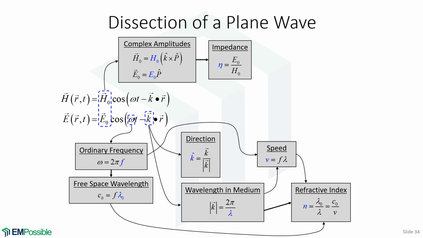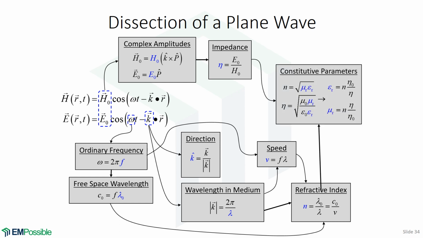So the ratio of those two complex amplitudes, E0 and H0, gives us the impedance of the medium. If we know impedance and we know refractive index, well, here's how our permeability and permittivity are related to refractive index and impedance. So if we solve these two equations for our relative permittivity and relative permeability, now we can calculate those.